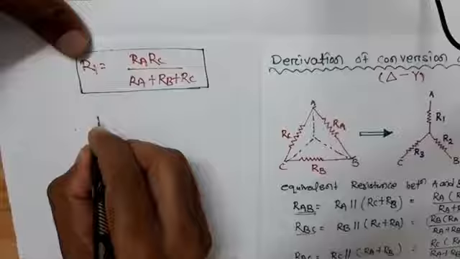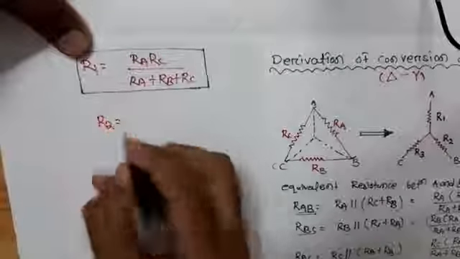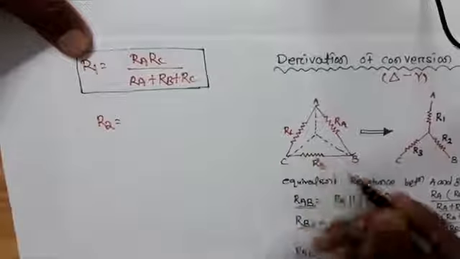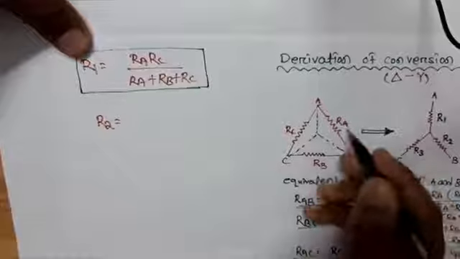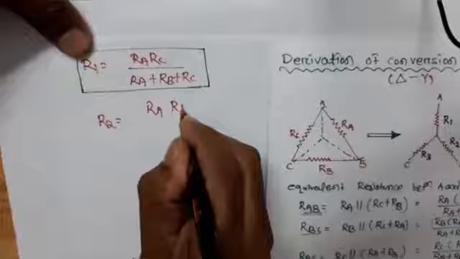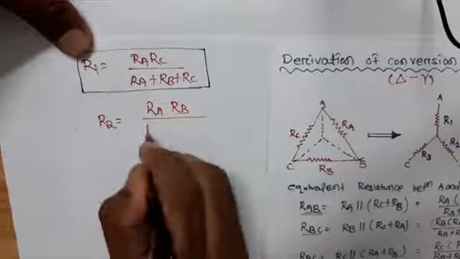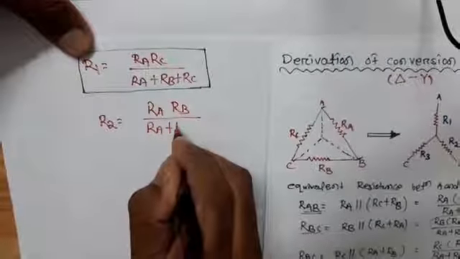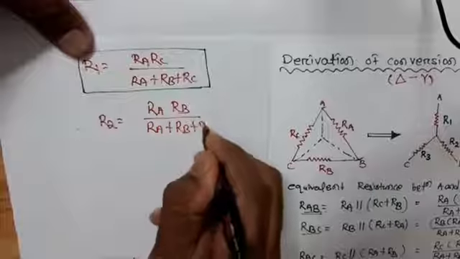Likewise R2 equals RA into RB divided by RA plus RB plus RC.